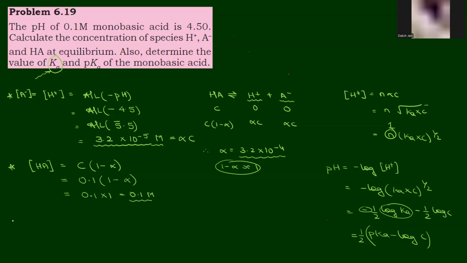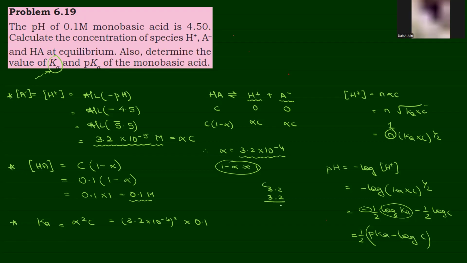Yes. And then अब अगर Ka find करना है तो we can find through the equation. What will be the formula to take? Alpha is equal to square root of Ka by C, so Ka is alpha square C. Direct alpha square C, because alpha बहुत छोटा है. तो (3.2 into 10 raised to minus 4) का square into 0.1 will be your answer for Ka. समझा क्या?